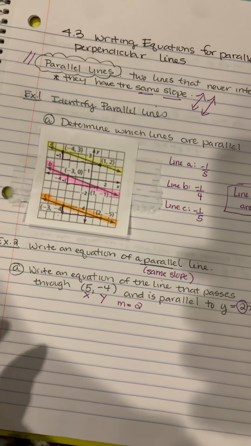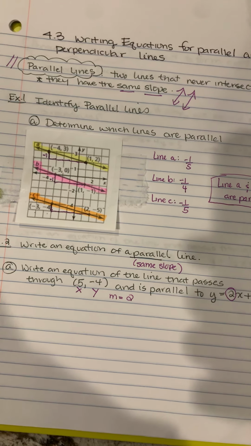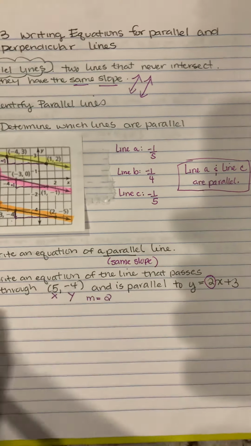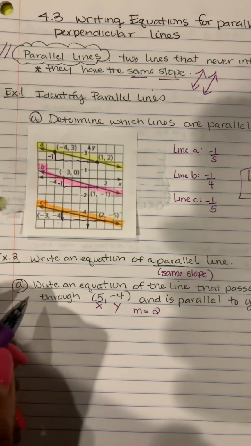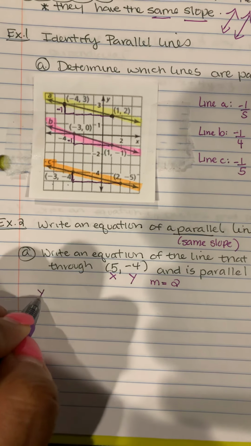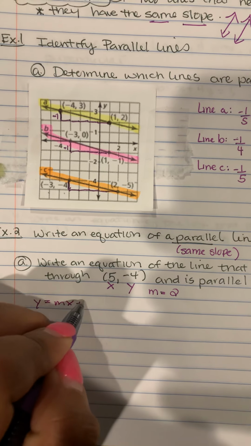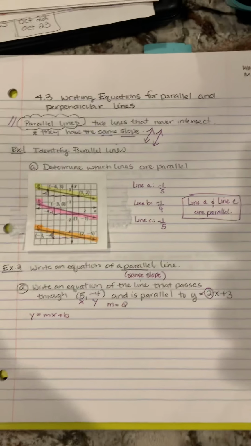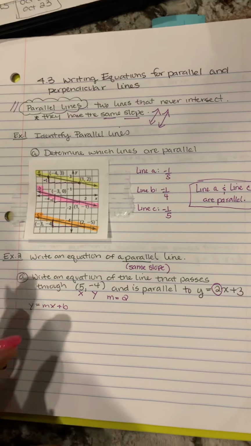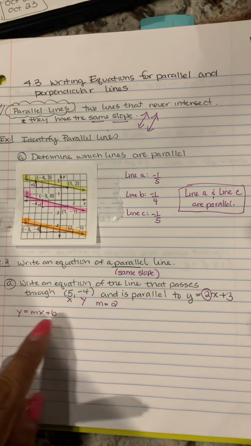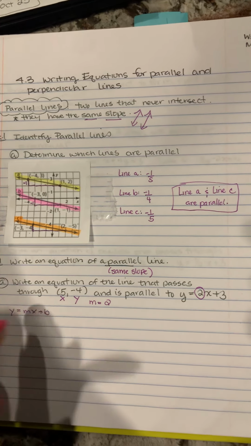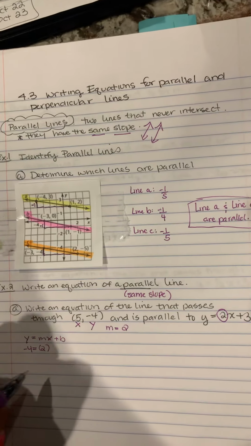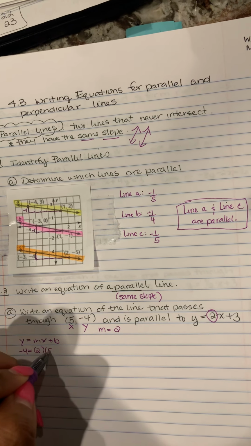So what we basically want to do is find b. We already have our m. We need to figure out what b is. Okay, and to do that, we're going to plug it into y equals mx plus b. Once you do that, you're now going to substitute. We know y is -4, m is 2, x is 5.